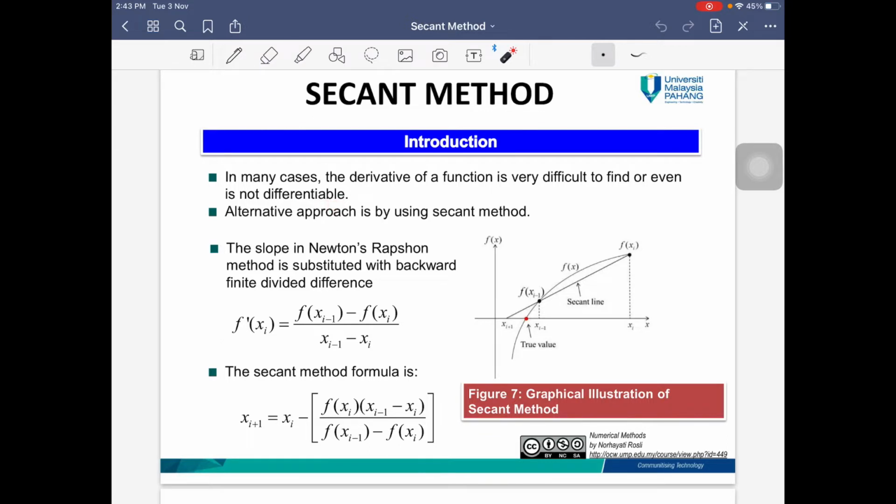So that's why, students, we need secant methods: because sometimes the function cannot be differentiated or is difficult to differentiate, we need secant methods in order to replace Newton-Raphson methods.